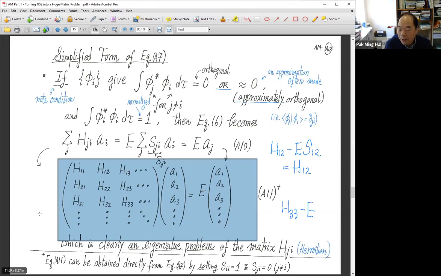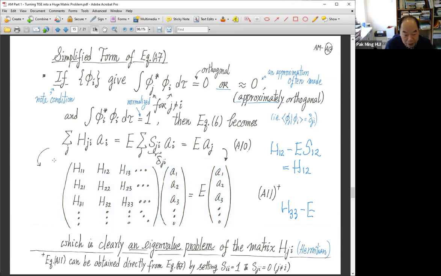In this form, it is transparent, very obvious that it is an eigenvalue problem of the matrix formed by taking the given Hamiltonian, your basis, keep on doing this Hij. Okay? It is exactly what you learn in mathematics in matrices. Matrix, eigenvector equals eigenvalue times eigenvector.